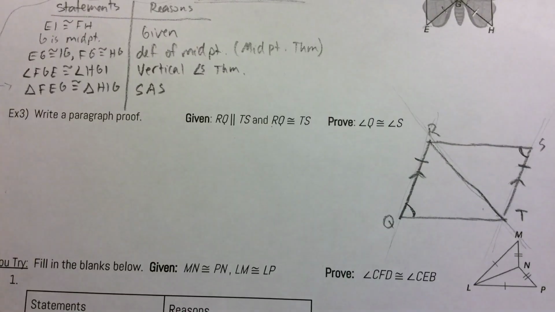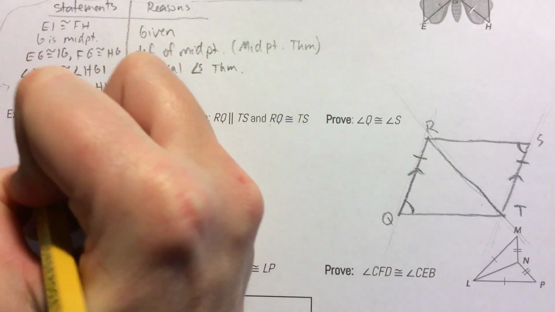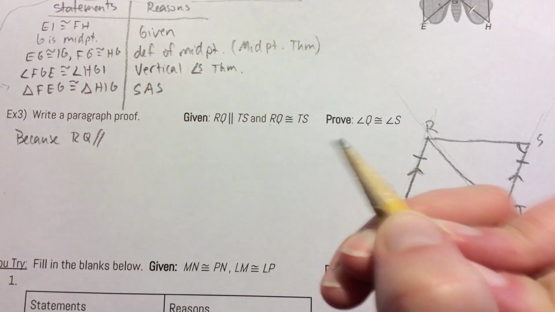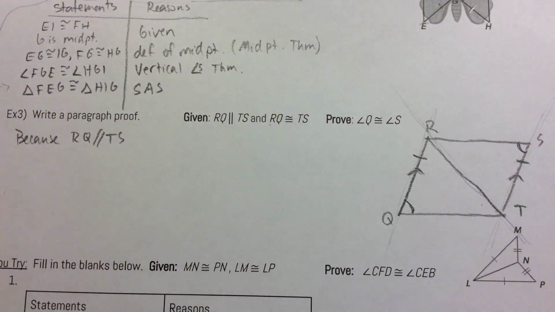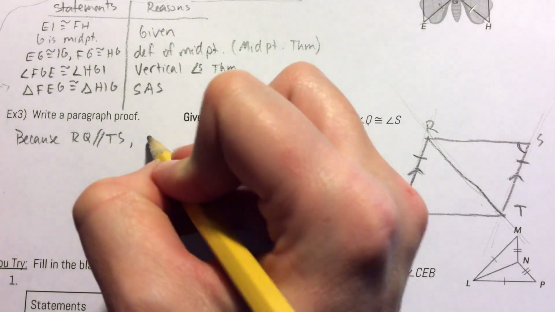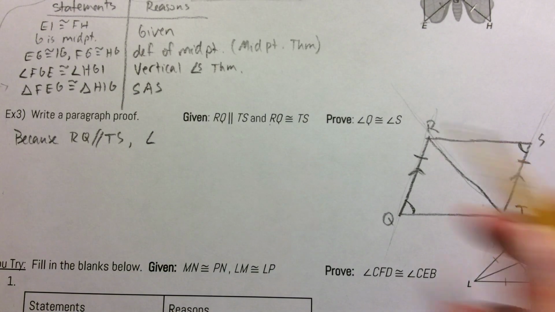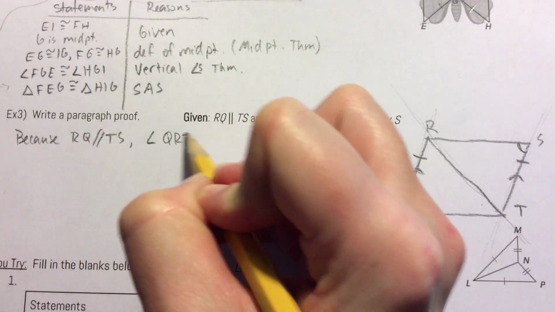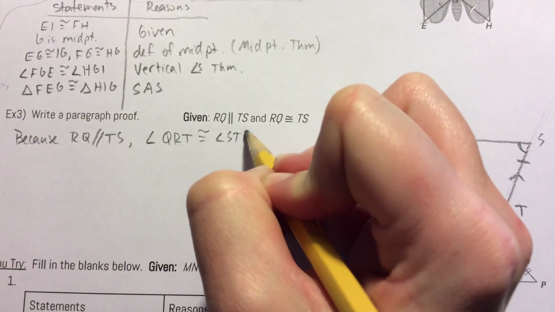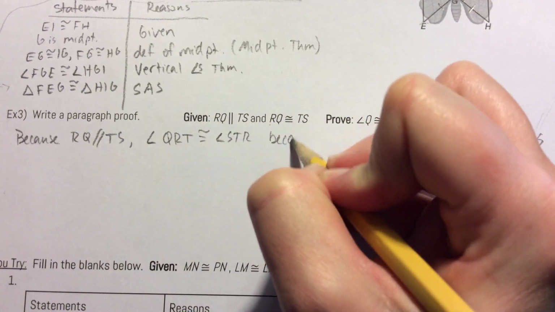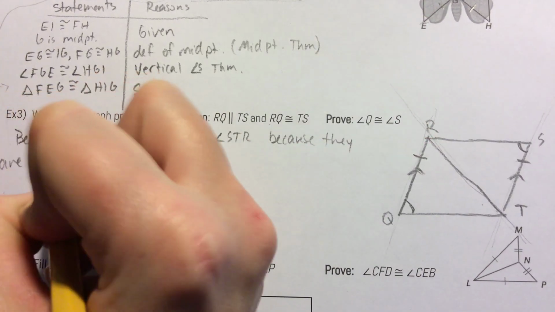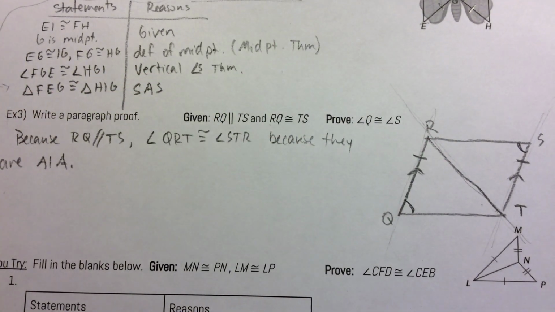So I'm going to say because RQ is parallel to TS, angle QRT is congruent to STR, because they are alternate interior angles.